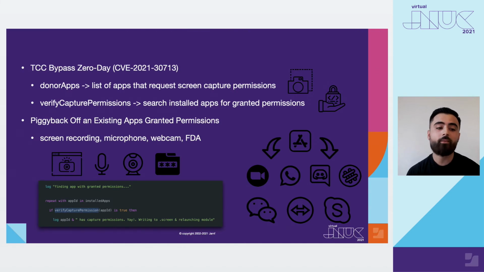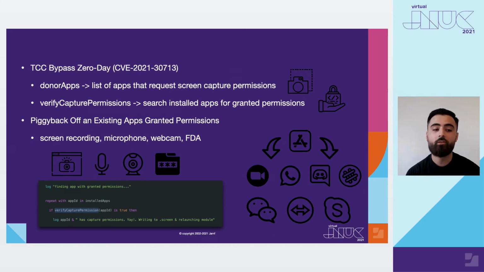So now going into the TCC bypass zero-day, the malware first looks for a list of applications that request screen capture permissions. These are applications such as Zoom, WhatsApp, Discord, and Slack. The malware refers to these as donor apps. XCSSET then goes to invoke a function called verify_capture_permissions, where it searches installed apps for these granted permissions.